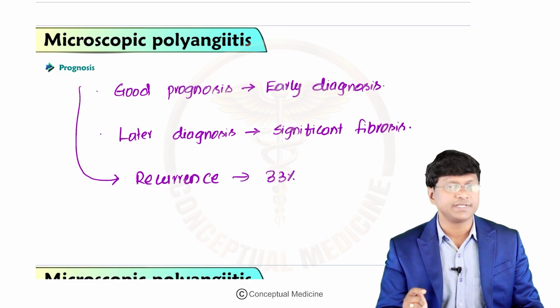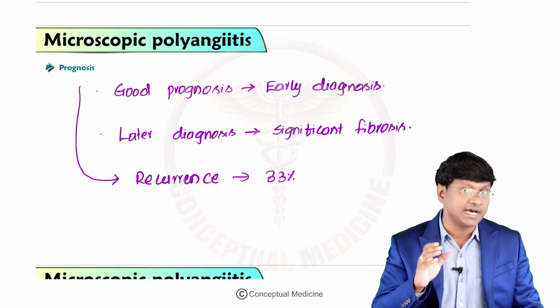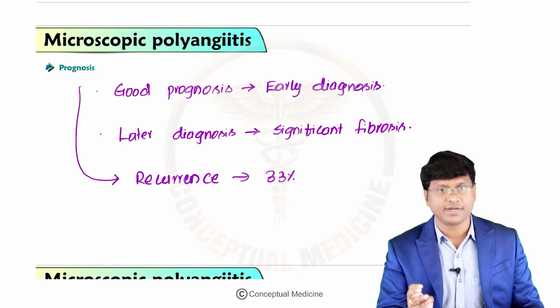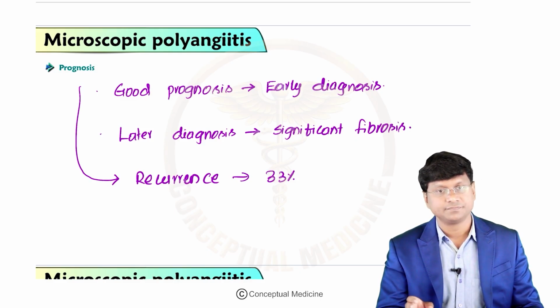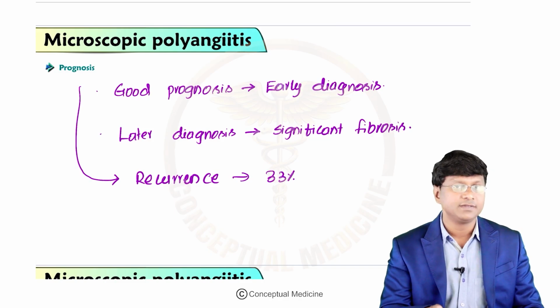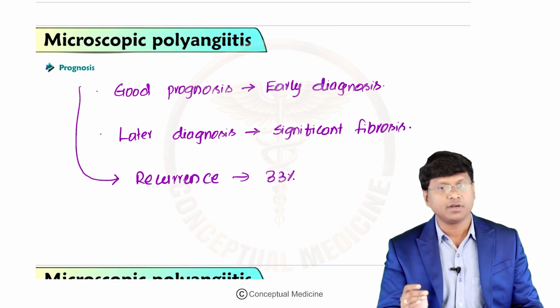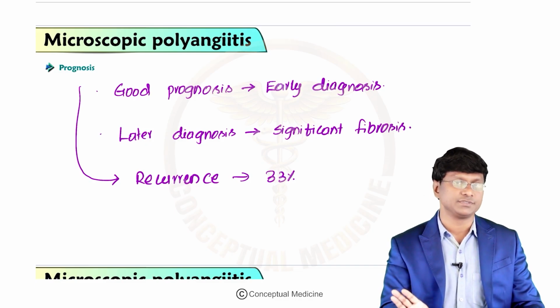And treatment, in case of microscopic polyangiitis, in the severe form of the disease, they require urgent induction of treatment with corticosteroids, and either cyclophosphamide or rituximab should be given. Following successful induction of remission, the other drugs that can be added are azathioprine, rituximab or methotrexate, but you need to ensure that the individual has normal kidney function.